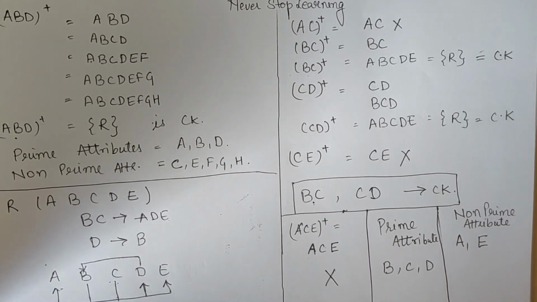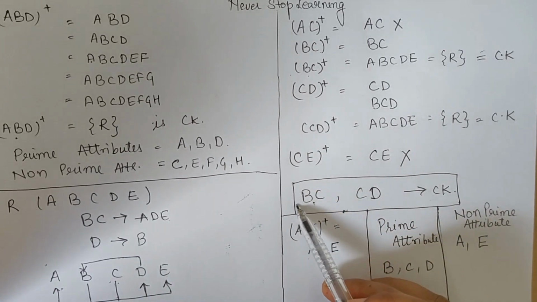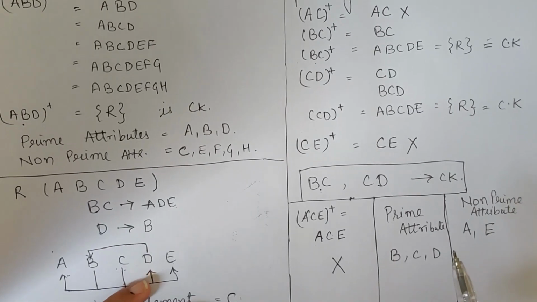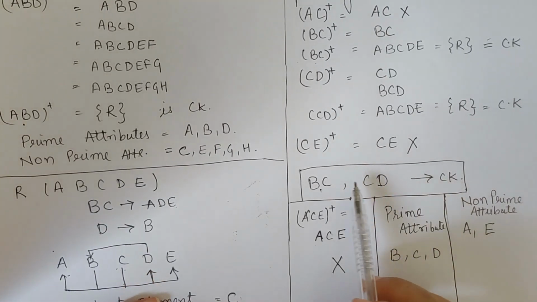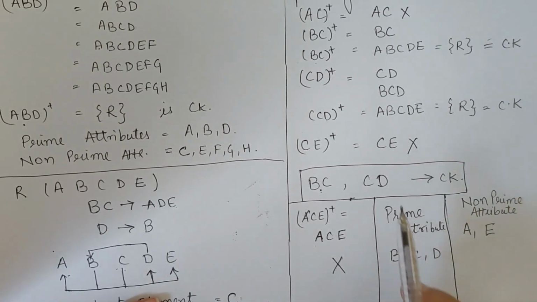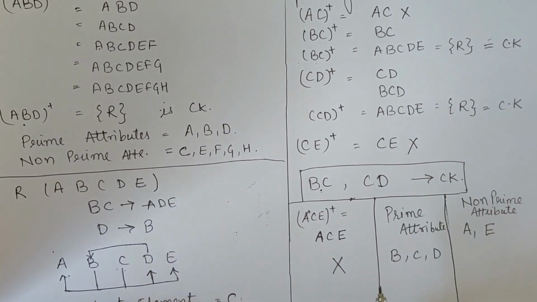After that, we tried combinations of three elements, where we did not make any combination with BC and CD, because they are already candidate keys. If I add any attribute to them, they will become a super key, and we want only candidate keys, right? Because a minimal super key is a candidate key.